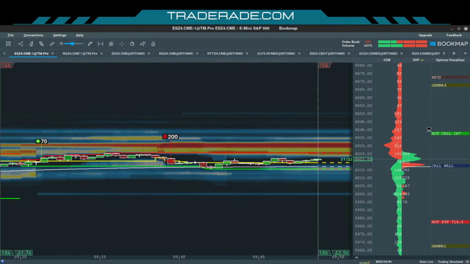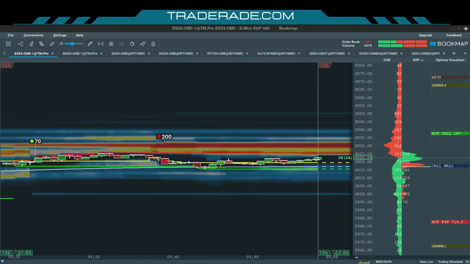So far to start the day, we can see that the most active call strike here is the most active strike on the chain. So if we're looking at flow, and I have a whole channel on our Discord dedicated to this specifically, we can see that hot call is building at S&P 6005 and then 6010.